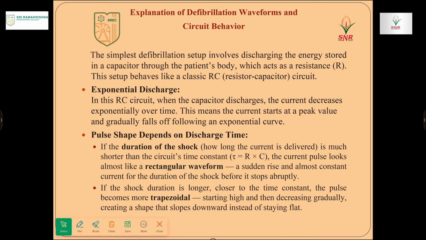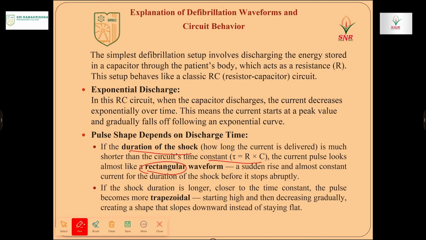So the pulse shape: if the duration of the shock is much smaller than the circuit time constant, which is tau, equal to R into C, the current pulse looks like a rectangular waveform. So a sudden rise and almost constant current for the duration of the shock before it stops abruptly.